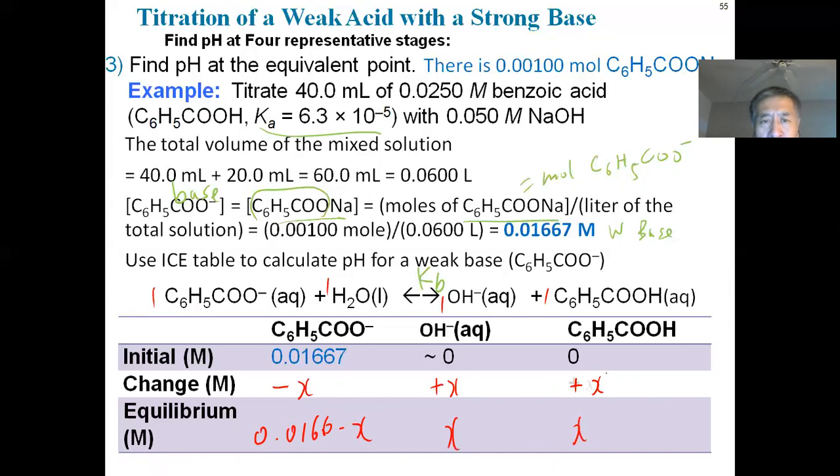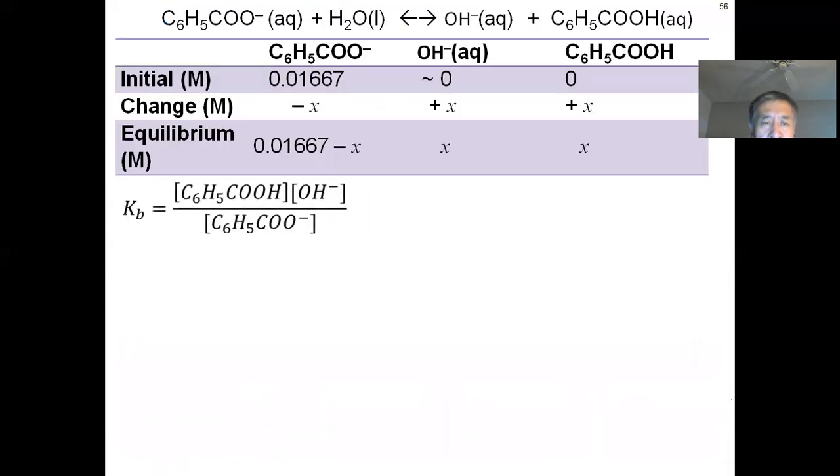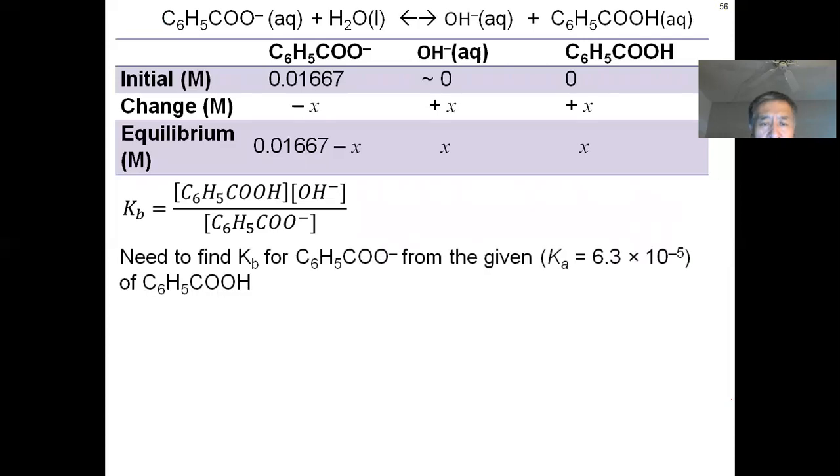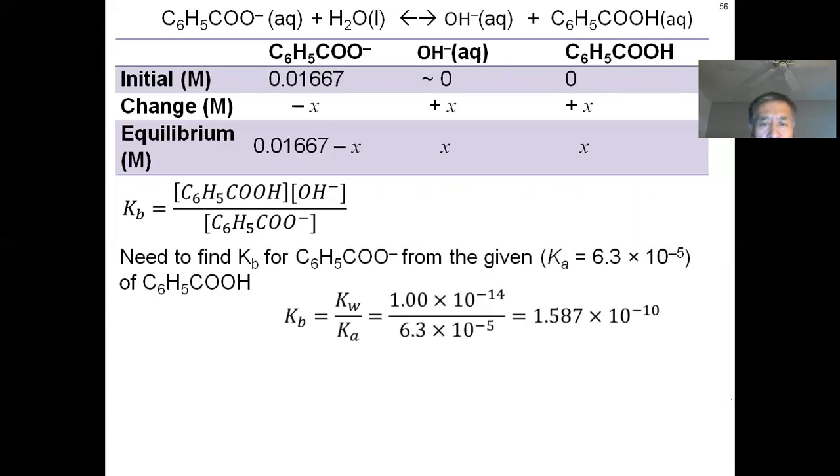All right. So next, we will just go find out what our Kb is, and then we'll substitute our Kb and those numbers into this Kb equation. So to find Kb, we will use the equation Ka times Kb equals Kw. So Kw is a constant.